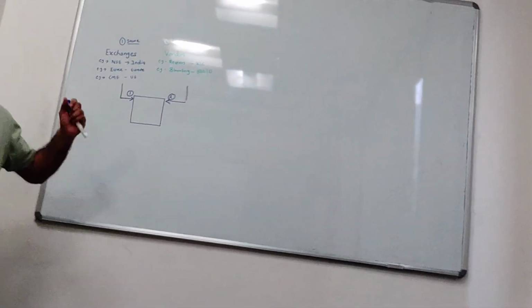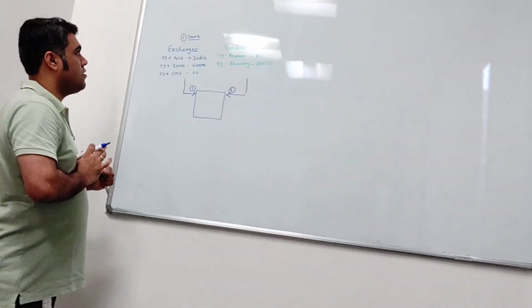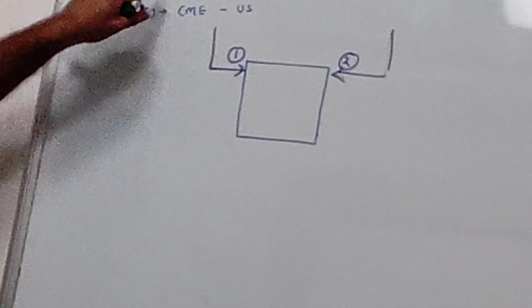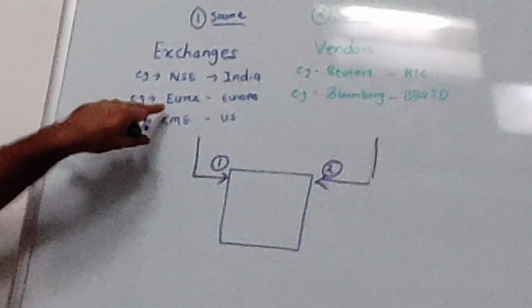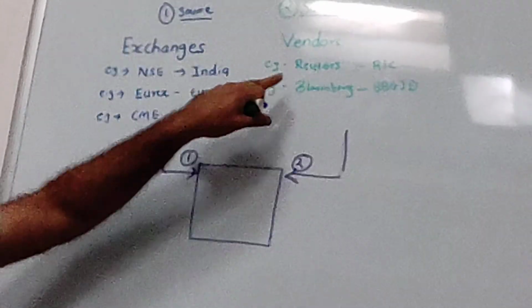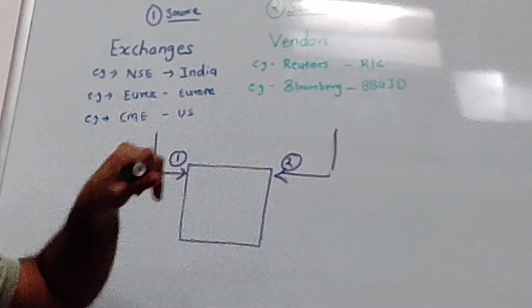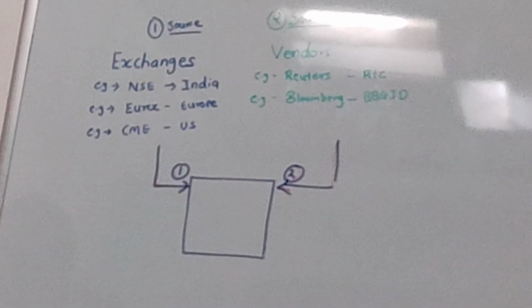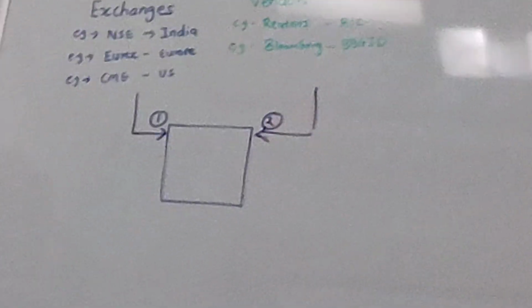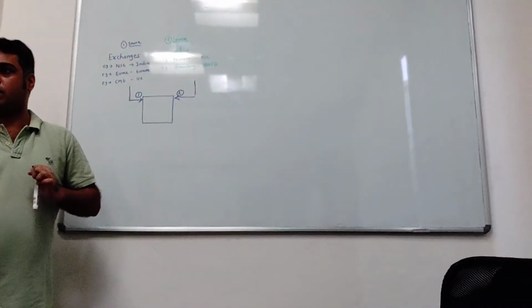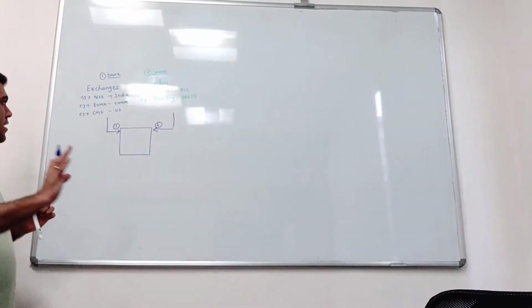So that means there is common data that we are getting from the vendors, which we are getting from the exchange. For example, Eurex data or CME data we are getting from Reuters or Bloomberg, and then we are consolidating the data and sending it back to the client, right?